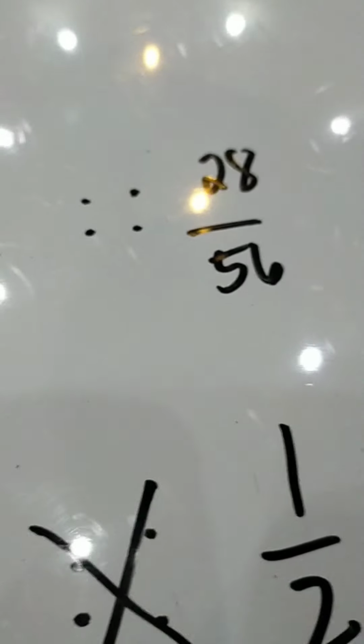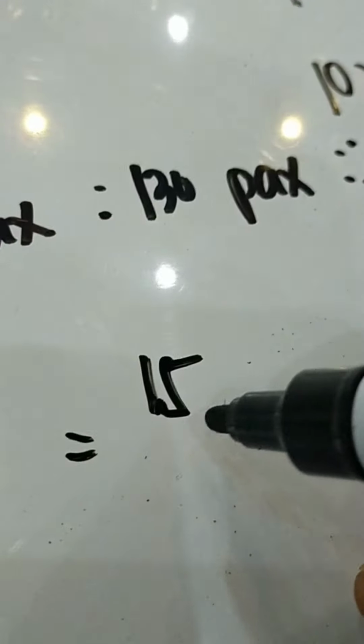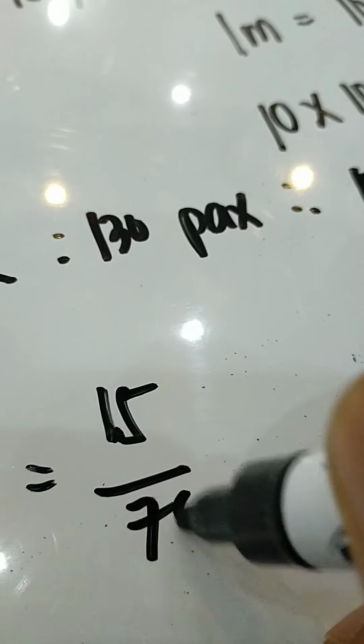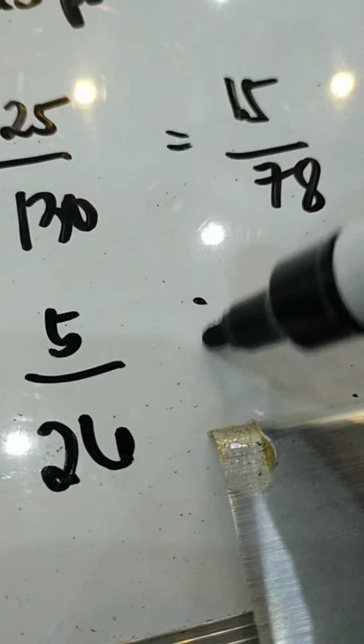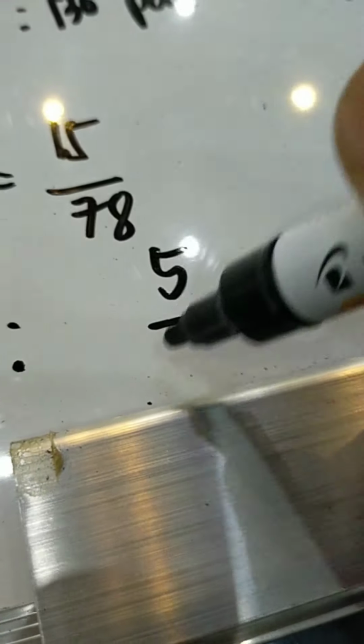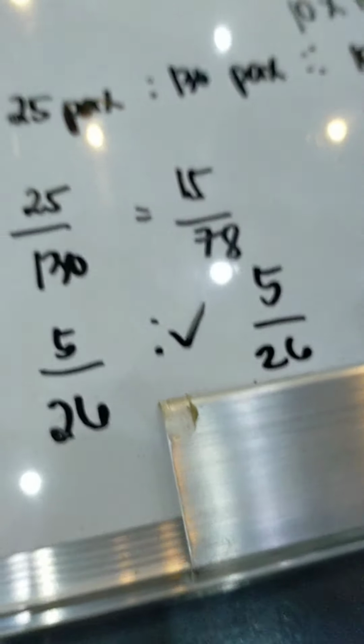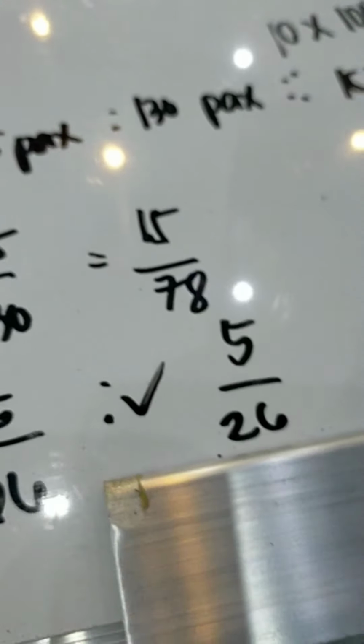Sorry, yung 25 is to 130 palang. 25/130, and then we have is equal to 15 kilograms over 78. And when we simplify that, we have 5/26 is to 5/26. So they are proportion to each other.